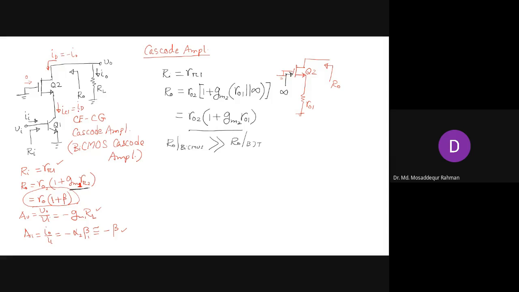That's the only difference. For the BJT, this is just I_C by alpha, and this is exactly the same. So it is very easy to deduce the voltage gain in this case.